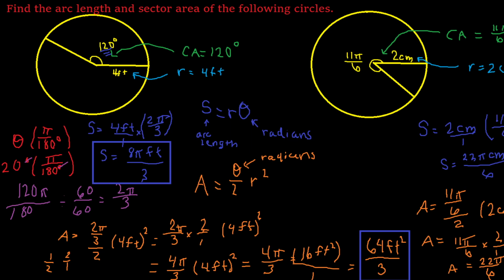So let's just go ahead and divide this by 2. So 4 divided by 2 is 2. 6 divided by 2 is 3. And 22 divided by 2 is 11. So if we do our simplification, we get 11 times 2 is 22 pi centimeters squared, and then 3 times 1 is just 3. And that is our answer for that one.